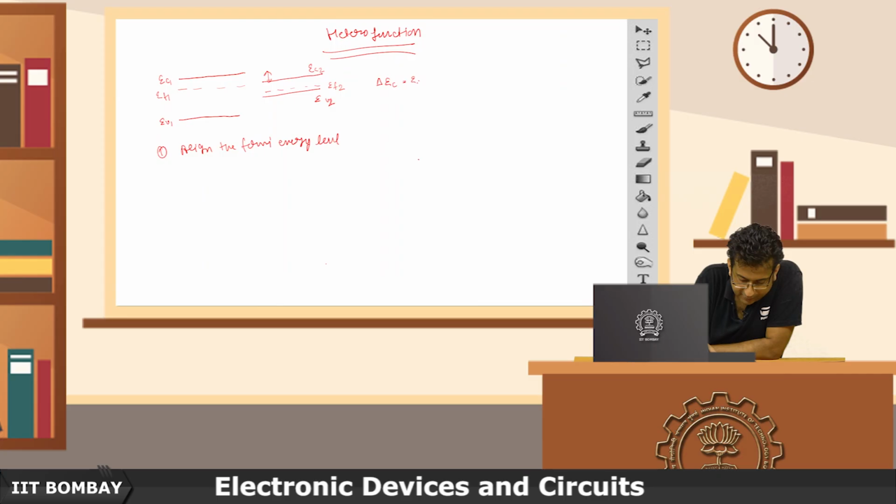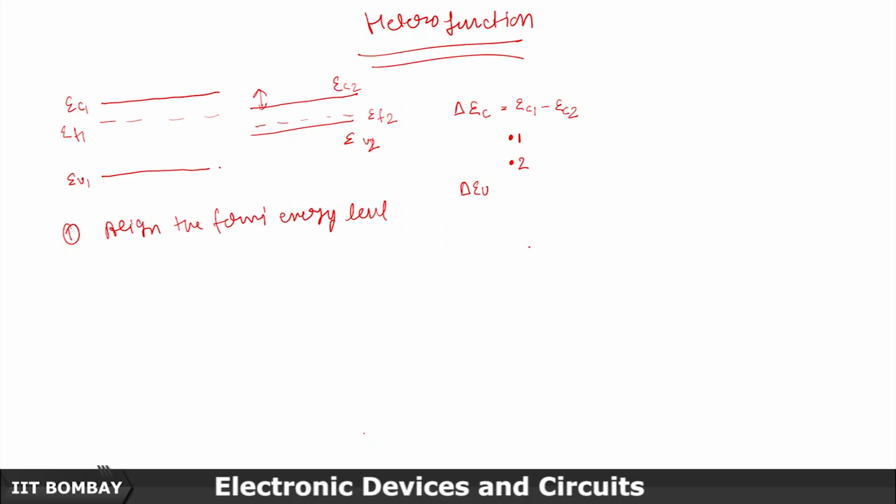So here it is delta EC1 minus delta EC2. If I just represent it on a scale, something like that, 1 to 2, right? On the contrary, delta EV here is EV2 minus EV1, which can be represented like this one, V2 minus V1. Okay, it can be written as C1 C2.